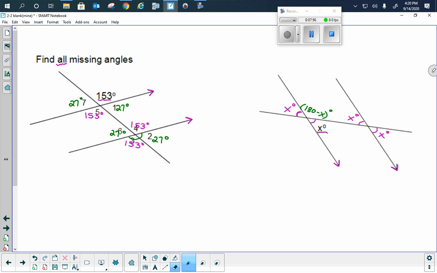Let's just use a different symbol. If I say this angle is vertical to this one, those two should be equal. Likewise, the last one I marked and this one are corresponding, so they're equal. And this one and the one across from it are vertical, so they're equal. So literally all of the rest of these should say 180 minus X quantity degrees. However many angles are in the picture is how many you need to solve for. So practice that up.